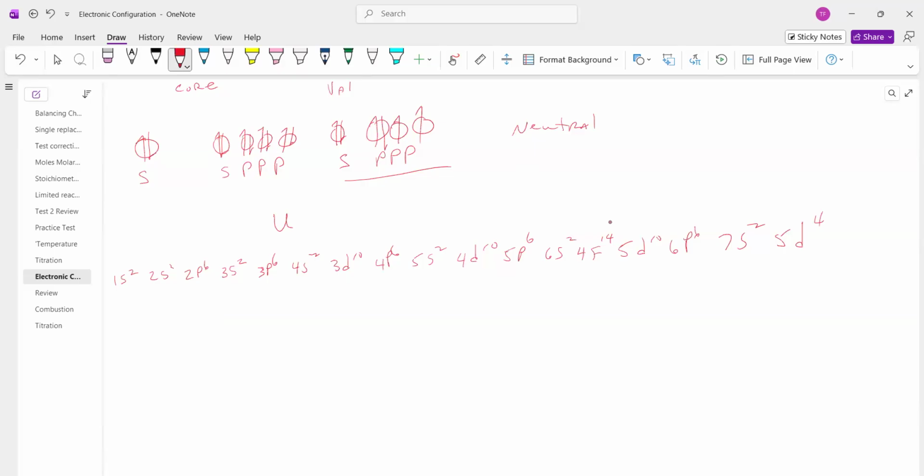Okay, so that's the electronic configuration for uranium. Only a mother could love that.